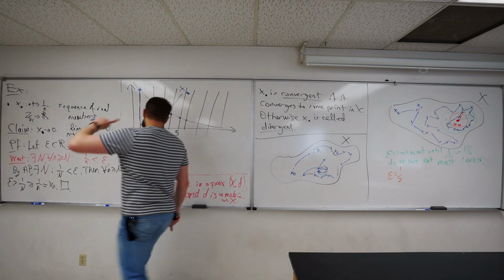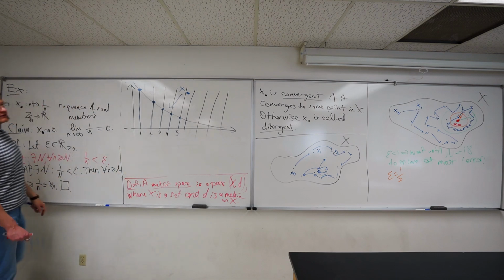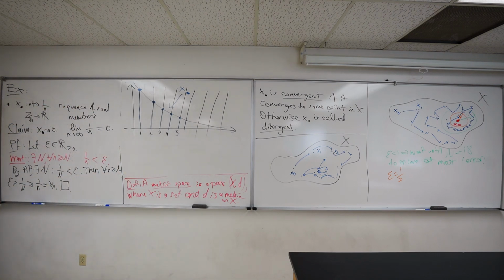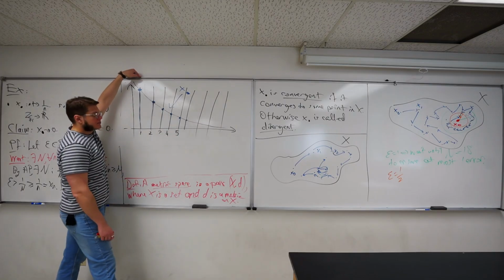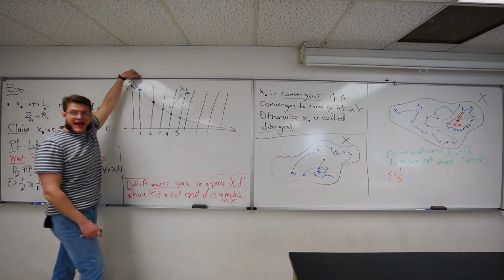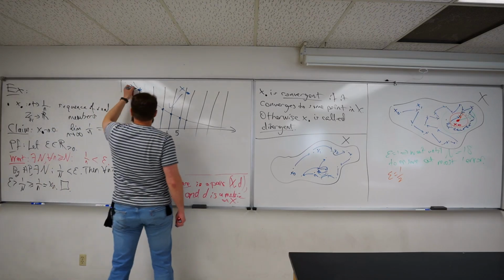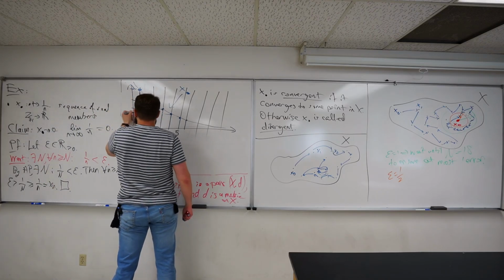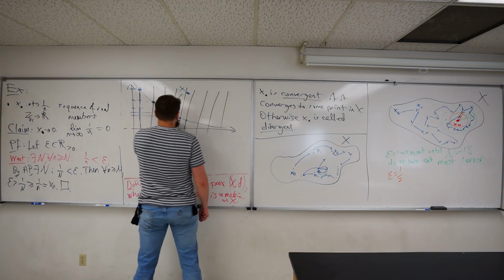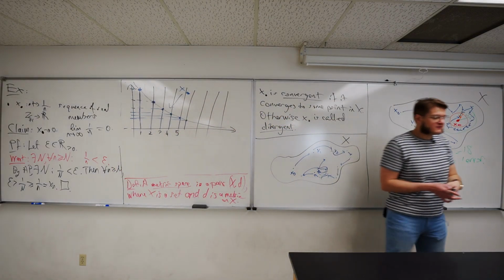As I take time to infinity, right, I'm going in that direction on the horizontal axis. I want to say, well, this sequence of points stabilizes at height 0. Okay. What did I do here? Ultimately, what I said is this.